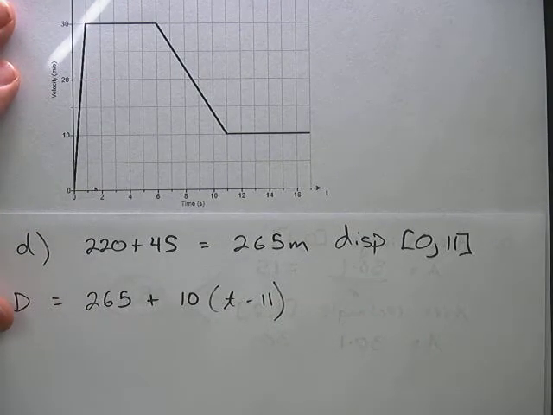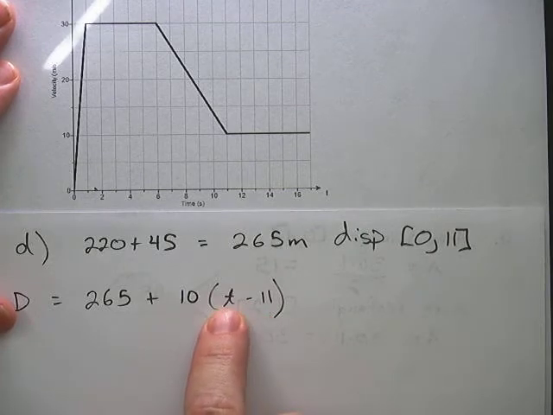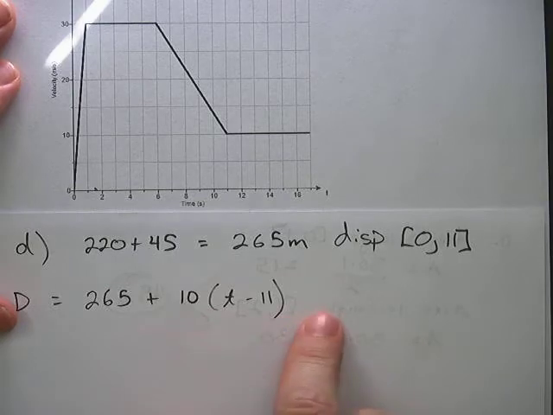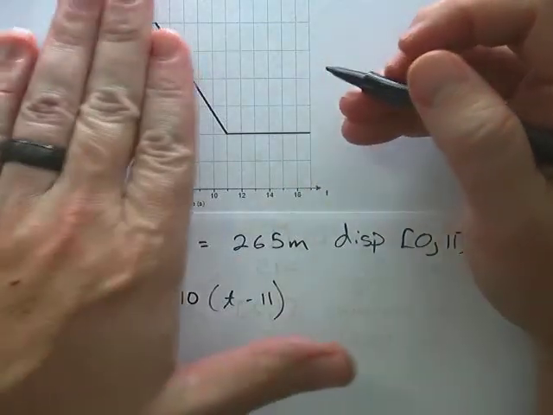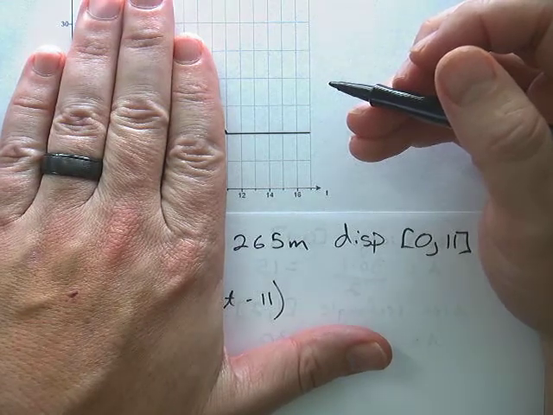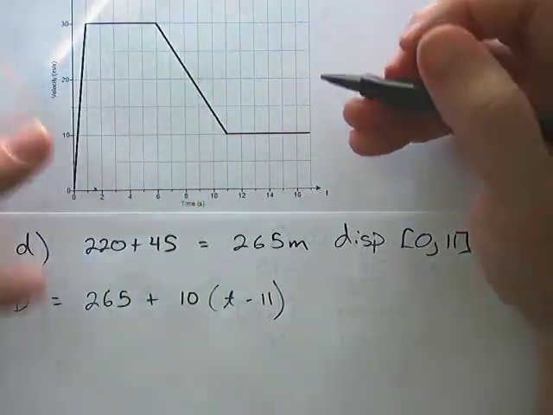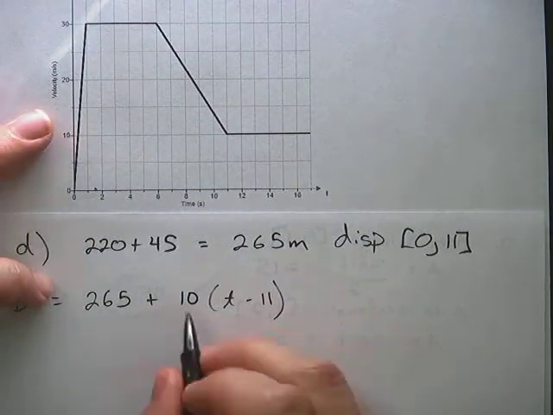That's because if we plug in an 11 into this, we get t equals 0. So we're basically starting here at t equals 11. If we plug in an 11 into that, this becomes 0, so we get 265.